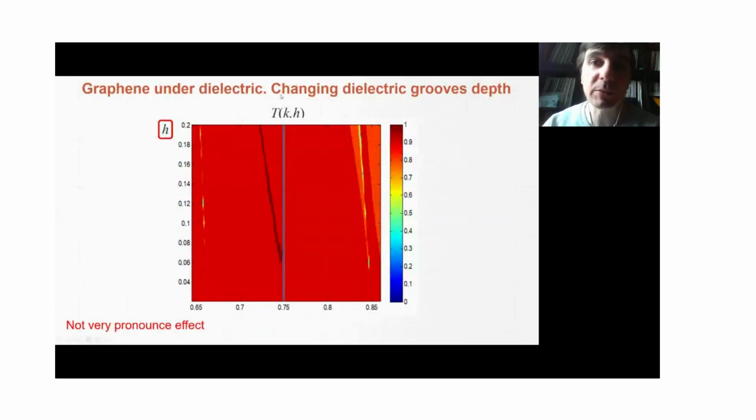At the same time, changing dielectric groove depths has little effect on the resonance behavior. So here is the transmission coefficient as a function of frequency, the lower bar, and groove depths, and not much changes with growing depths.